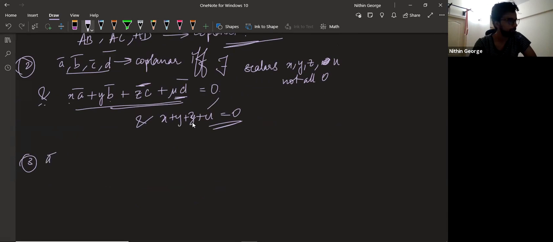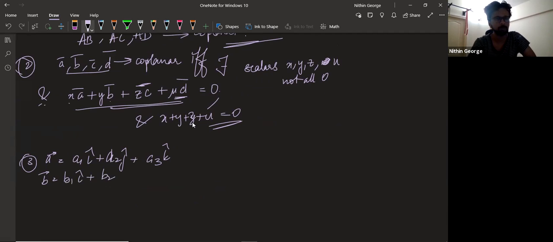Suppose A is equal to a1 i cap plus a2 j cap plus a3 k cap. B is b1 i cap plus b2 j cap plus b3 k cap. C is c1 i cap plus c2 j cap plus c3 k cap.